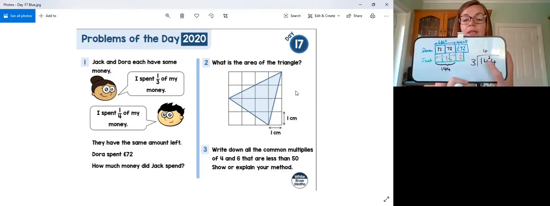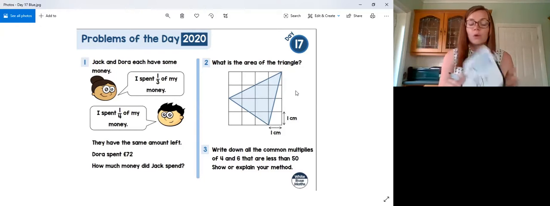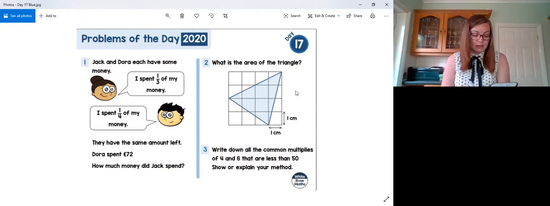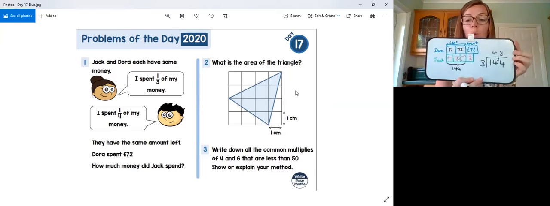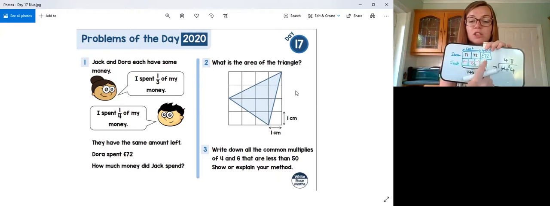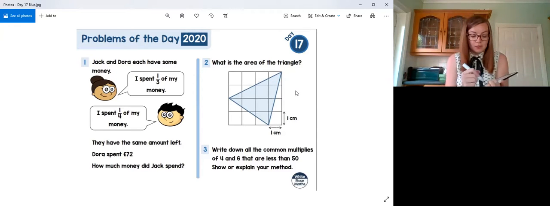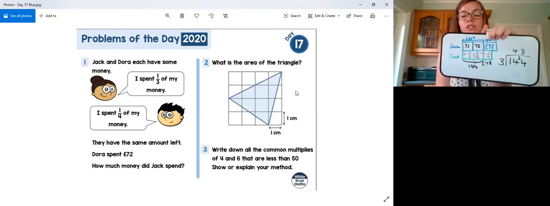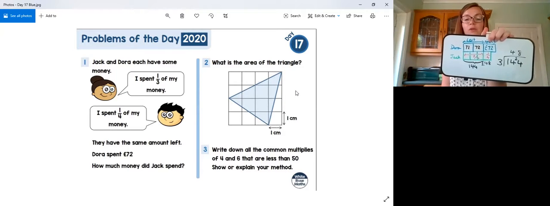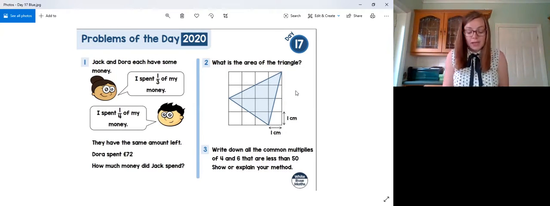Now I need 3's into 24, which is 8. So I now know that 1/4 of Jack's money is £48. So we were asked how much he spent, which is this block here, and this block is £48. Jack spent £48. So it might look complicated, but draw it out and label up what you know in the right place.